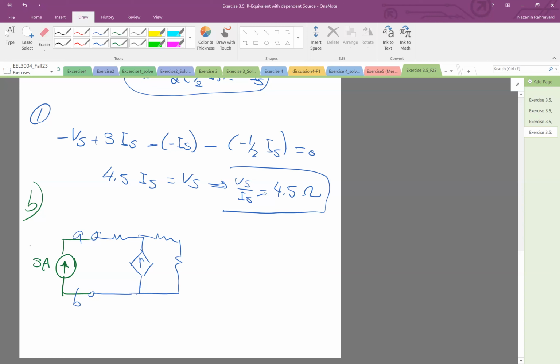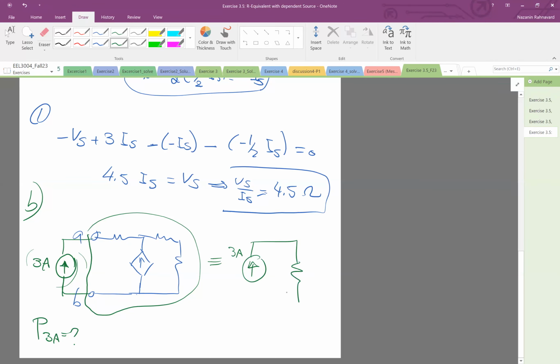Now, what is, for example, the power of the 3 amp? Because you already found the R equivalent for this circuit, and it was 4.5, you can replace this with the 3 amp and 4.5 ohms. Okay, now it's going to be easy, right?